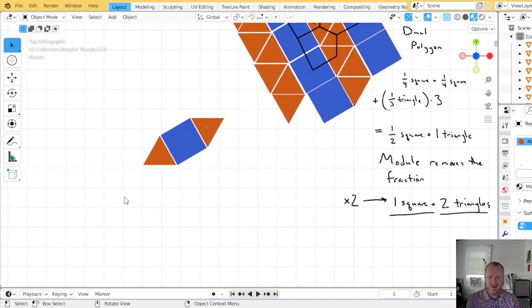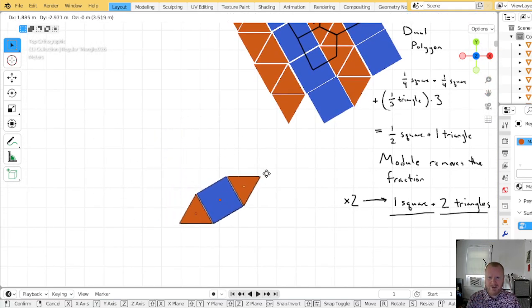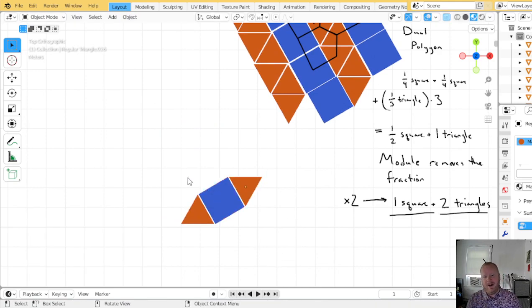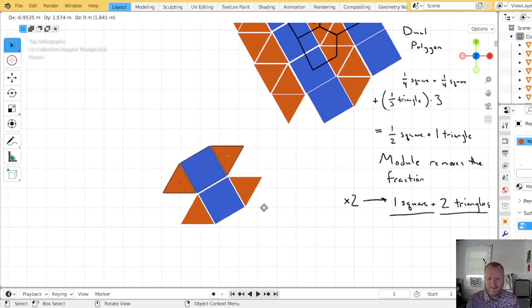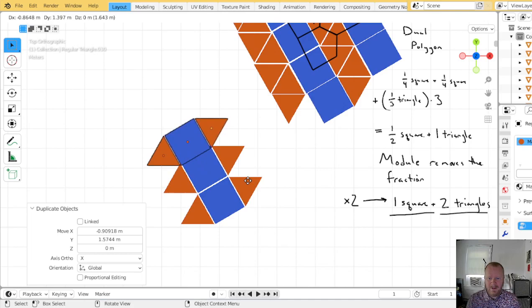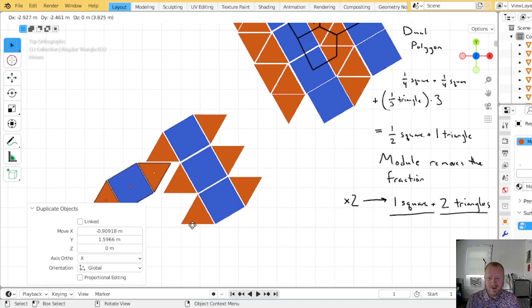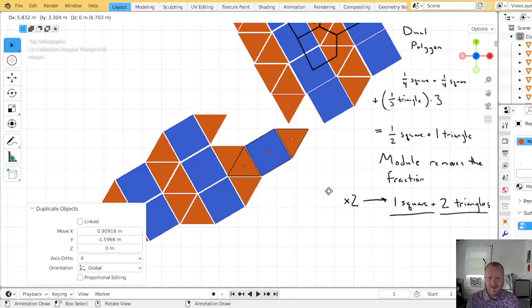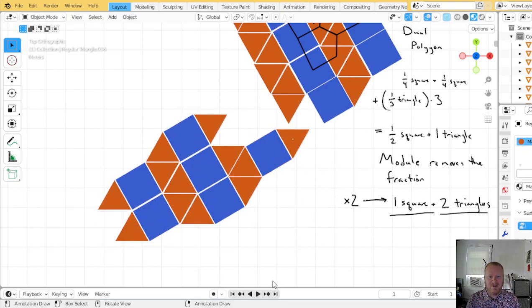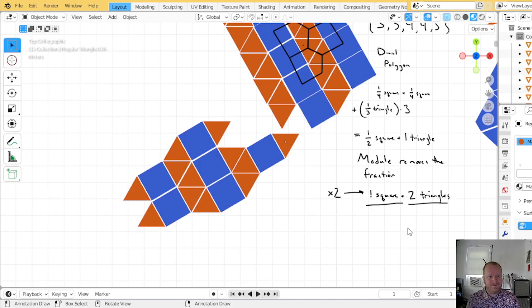This module here also tiles the plane, right? So if I take this collection of shapes, this module, and I just copy and paste that same thing, I can make a semi-regular tiling with that, right?